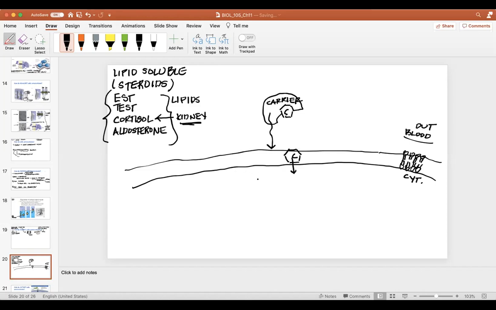So let's draw a receptor here, and I'm going to draw it in its state before cortisol binds, and it's going to kind of look like a tooth, okay? So this is the receptor before cortisol binds, but once cortisol binds to this receptor, it's going to induce a conformational change. We're going to open up this little toothy area here, and here's my cortisol.